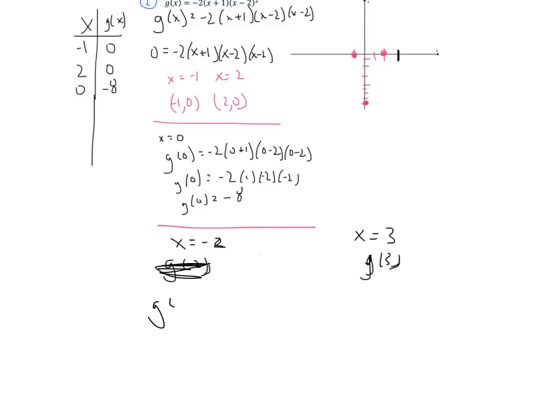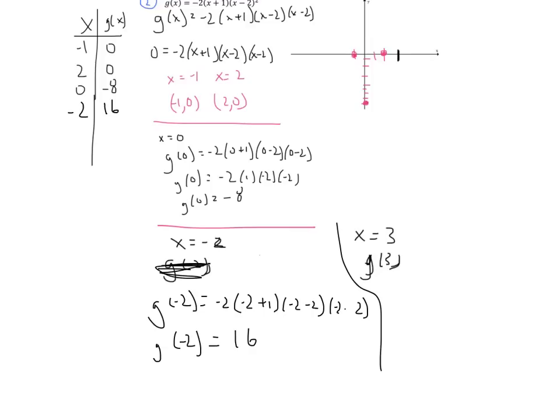So let's do g of negative 2 down here. g of negative 2 is going to be negative 2 times (negative 2 plus 1) times (negative 2 minus 2) times (negative 2 minus 2). I'm not going to show all the work there, but when you multiply that out, you should get positive 16. So we know we have the point (-2, 16).